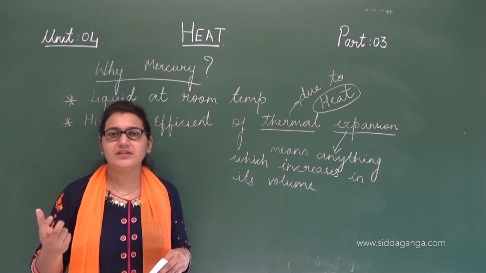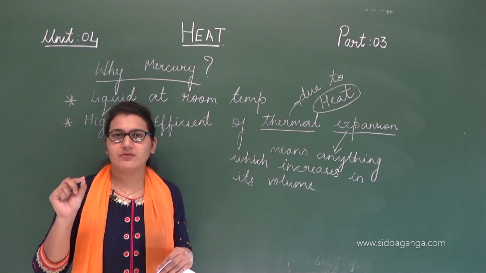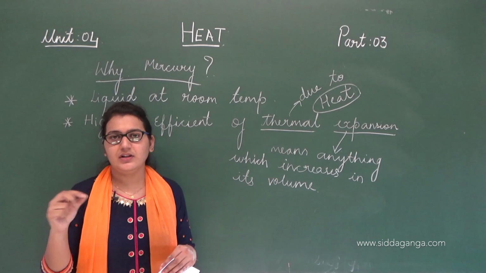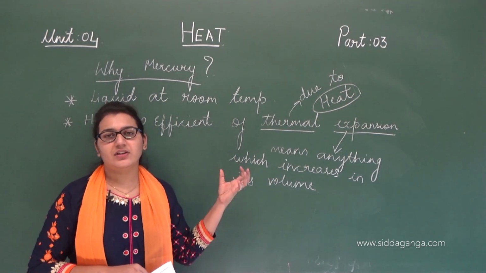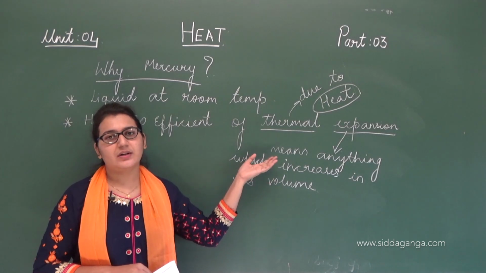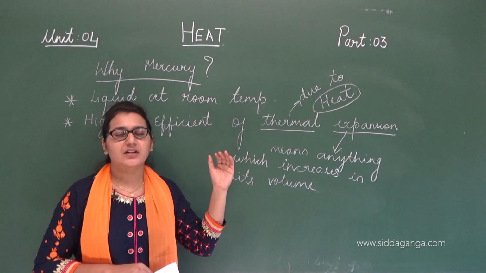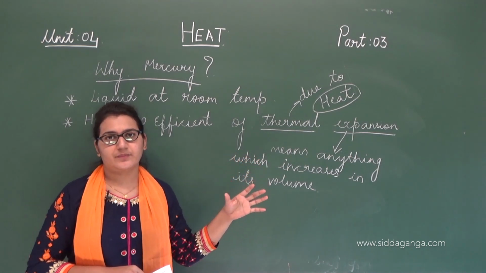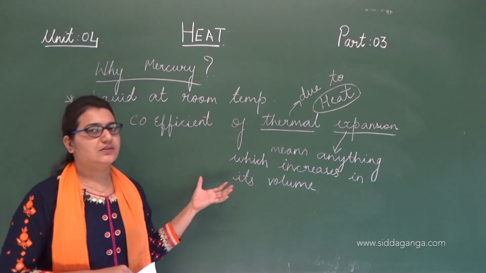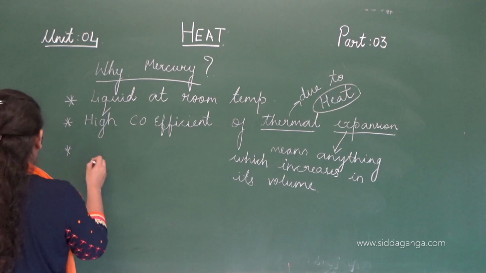Low expansion means that when there is a very slight increase in temperature, it cannot detect it. So mercury has a high coefficient of thermal expansion, and it can easily detect even a slightly high temperature. That is one of the main features of mercury.